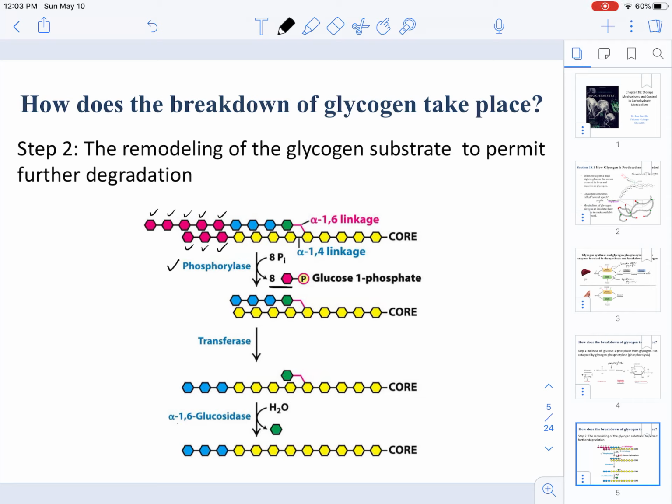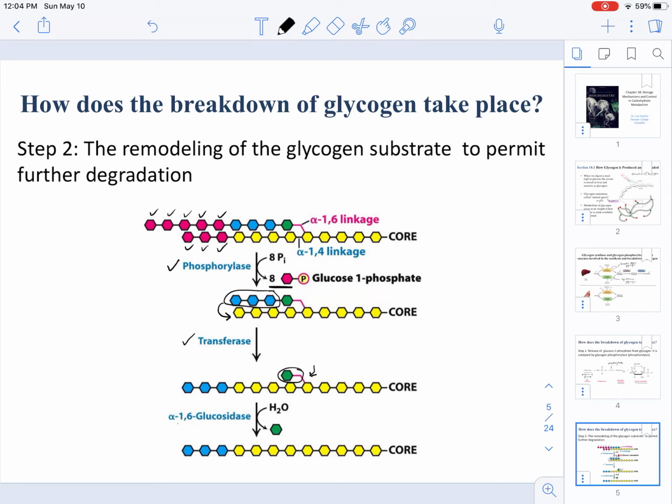After we have produced those 8 glucose 1-phosphates, understand that then a transferase enzyme is going to take the last remaining 3 glucose molecules and transfer them to the core segment of the glycogen. Once that happens, we have a particular enzyme called alpha 1,6 glucosidase, and that is what's going to be removing the glucose molecule that is the first glucose residue in the branch.